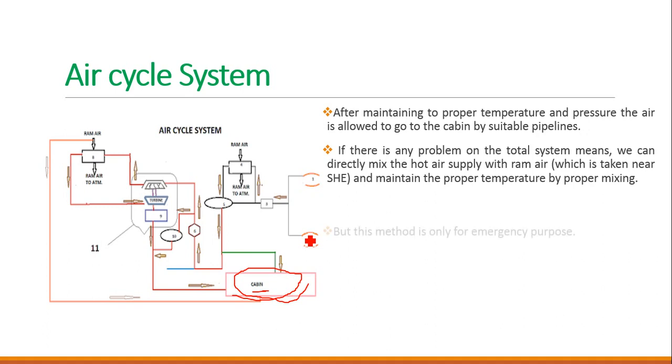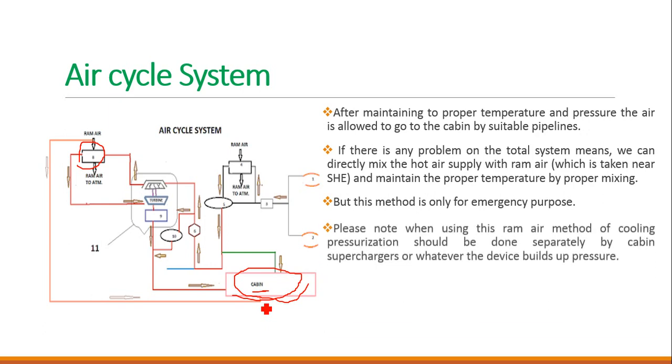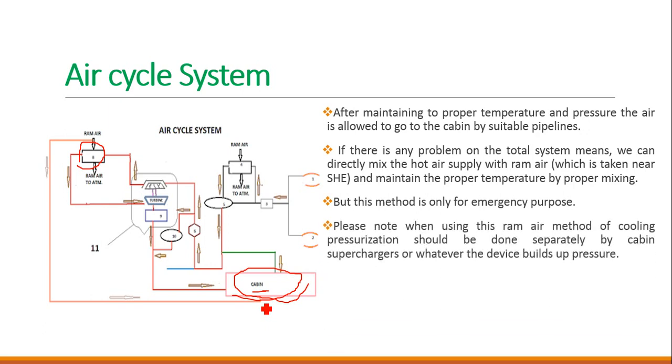Suppose there is any problem in the pipeline, then we directly mix the hot air supply with ram air, because we have this ram air here. So the hot air will get mixed with the ram air, and then it will be supplied to the cabin. But this is only for emergency purposes.